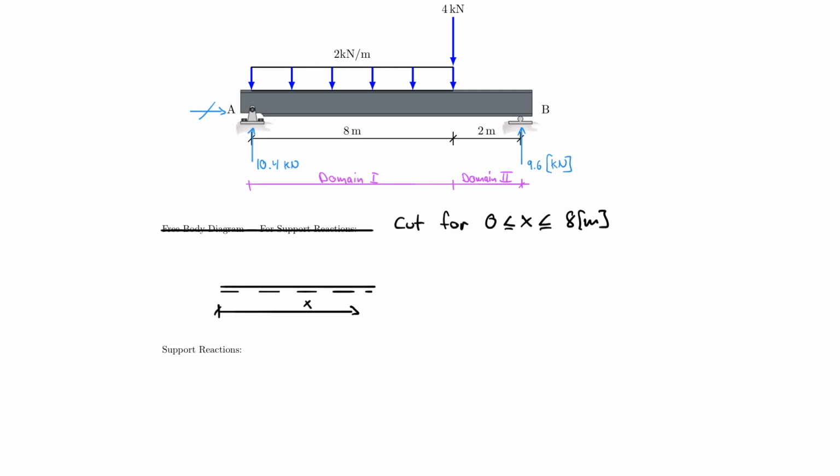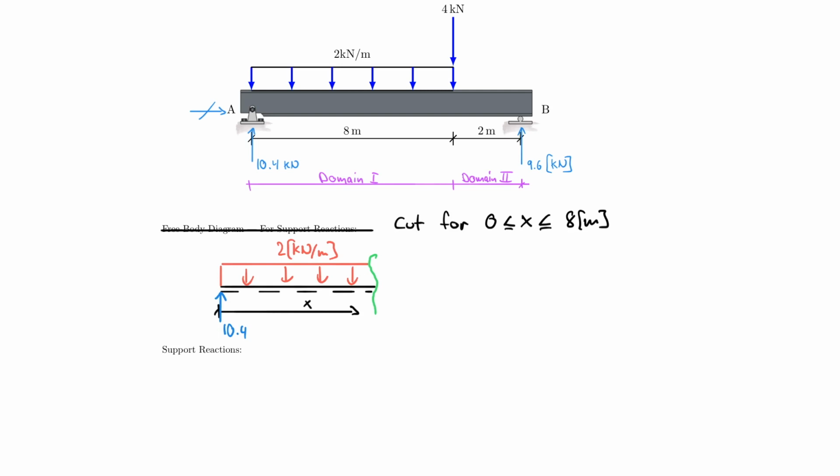I have, of course, a support reaction on the left, and that support reaction was equal to 10.4. And I have an evenly distributed force of 2 kilonewton per meter that acts throughout this entire domain. Of course, I need to include my cut now.